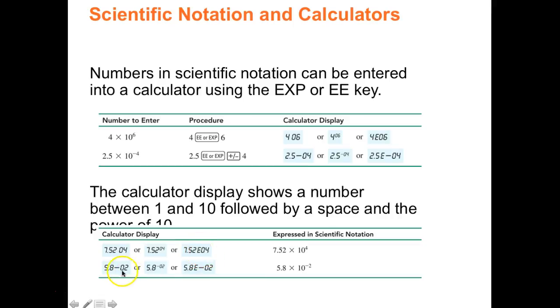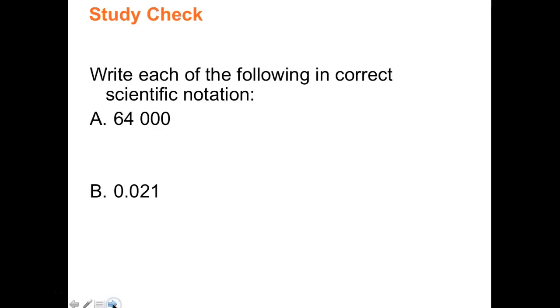If it is a negative exponent, then again you'll see a negative and then a 02, so that you have to write this down as 5.8 times 10 power negative 2. Okay. Again, get as familiar as you can with your model of calculator, and that would serve you well, and then you won't be struggling as to how to use your calculator during an exam especially.